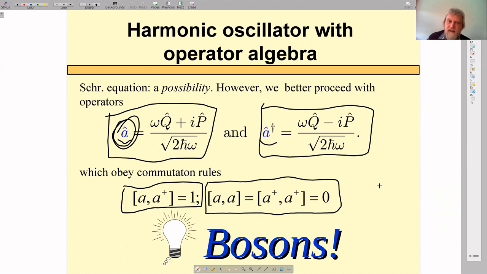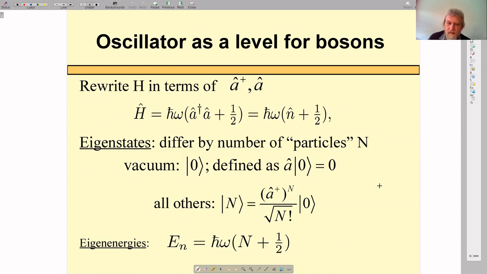Those are annihilation and creation operators of bosonic particles. Let me summarize it. Let me describe this oscillator as a level for bosons.